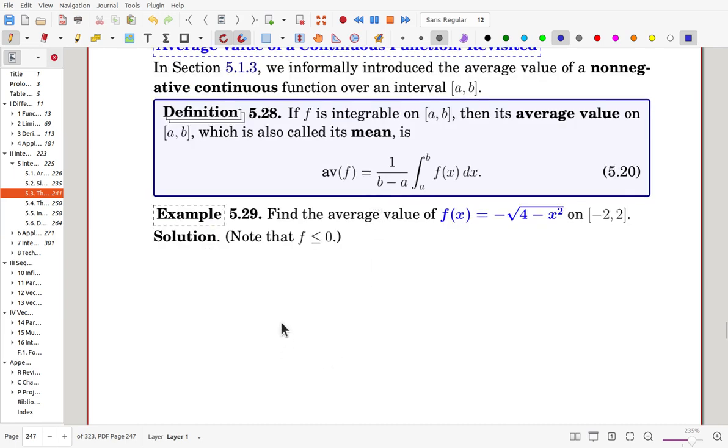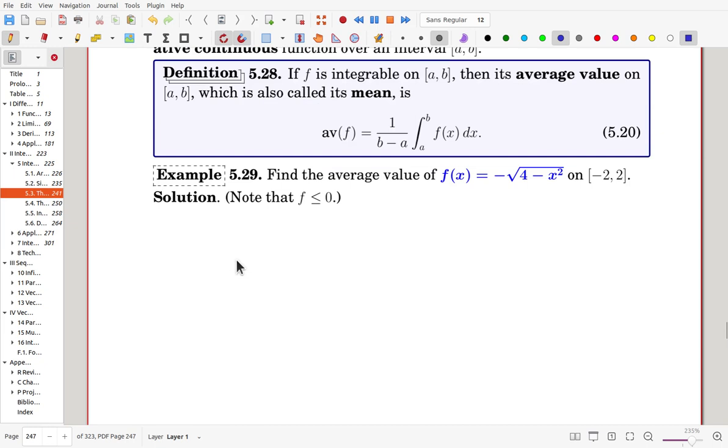Okay, let's try to solve this example. Find the average value of f of x, given in this way, on -2 to 2. So let's visualize the problem. That is -2 to 2.